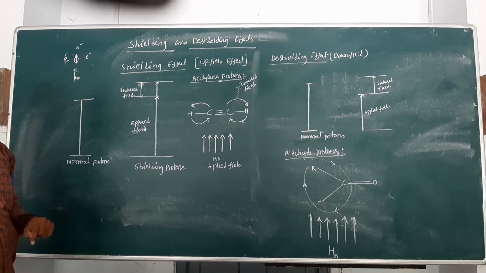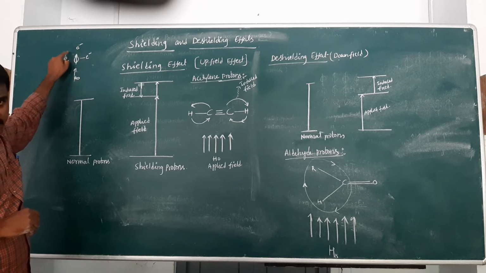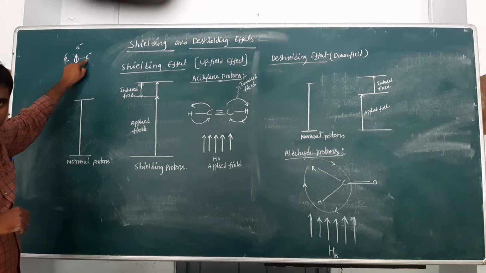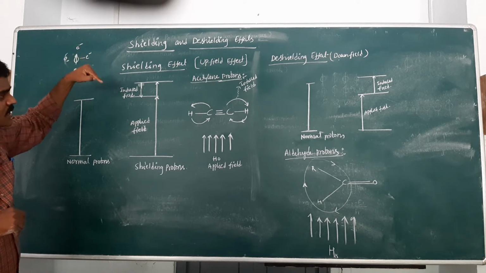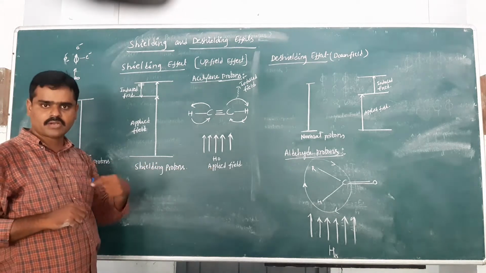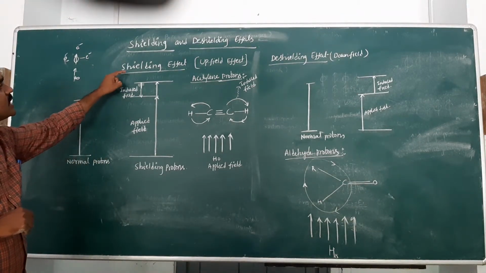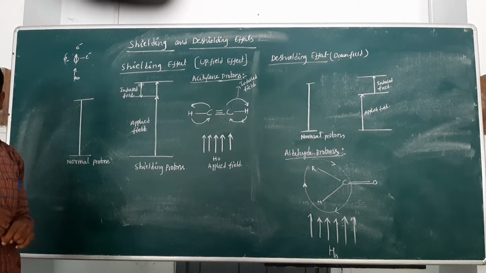Suppose the secondary magnetic field, the induced magnetic field caused by the electrons, opposes our applied magnetic field, then those protons are called shielded protons.